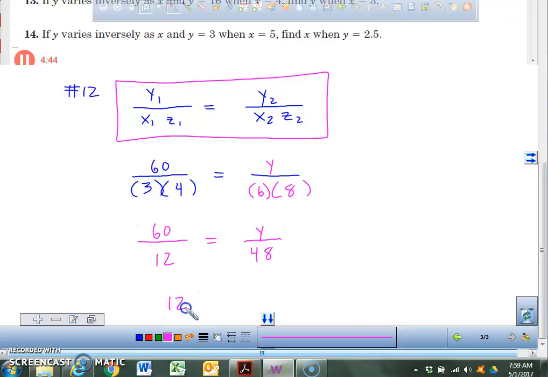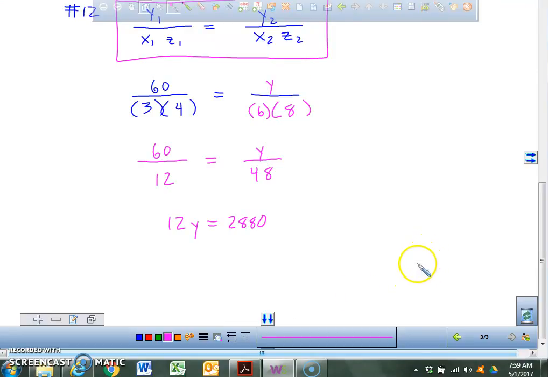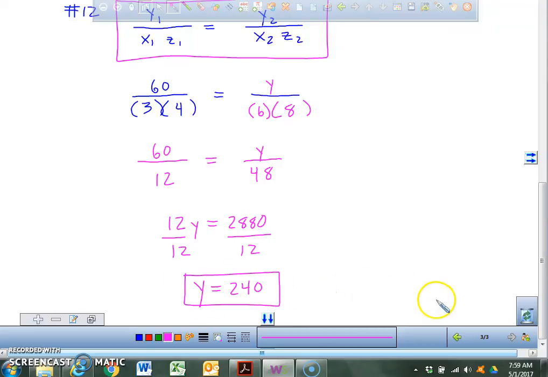When you cross multiply, you get 12 times y, which is 12y, and you have 60 times 48, which I believe is 2,880. And then you just divide both sides by 12. And y equals 240.